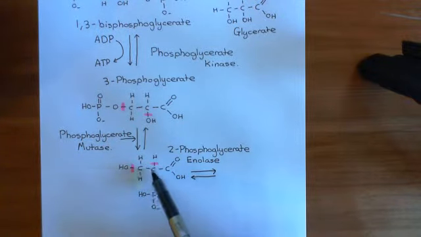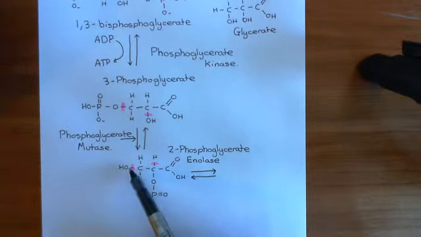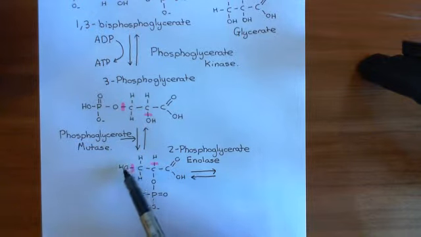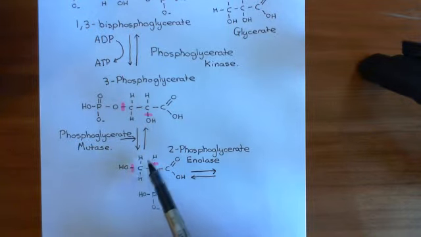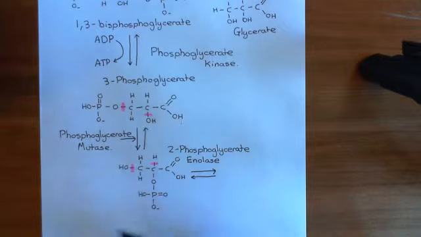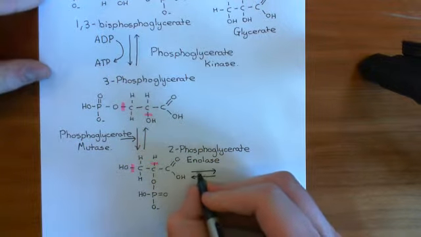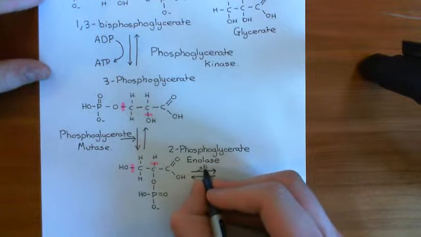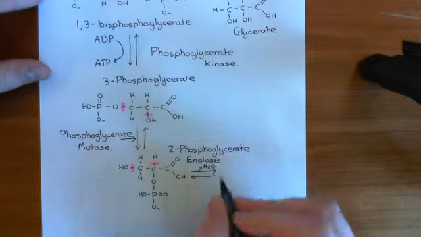This will leave both of these carbons with free electrons. They will make another bond between the two of them to turn this single bond into a double bond. And then you'll bind this alcohol group, the oxygen with the free electron, to this hydrogen with the free electron to create water.